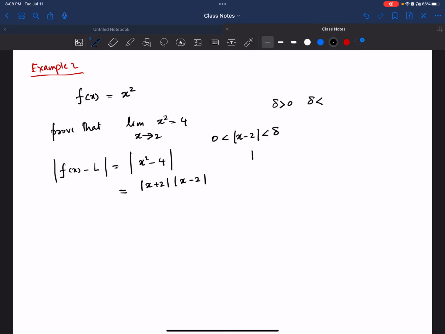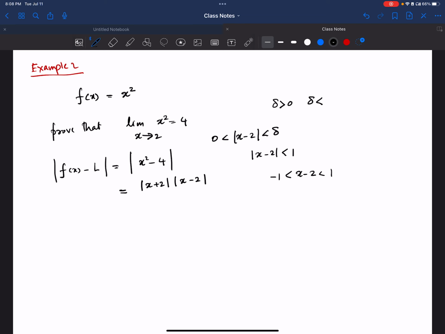So we can assume that the magnitude of x minus 2 is less than 1 in this case. What does that mean? x minus 2 is greater than negative 1 and less than 1, right?